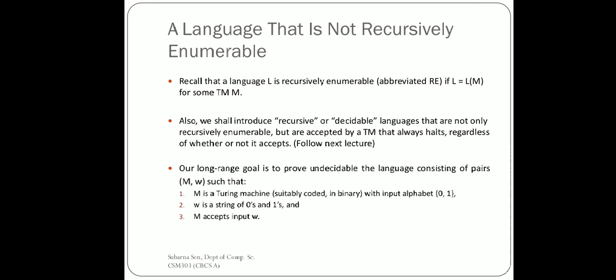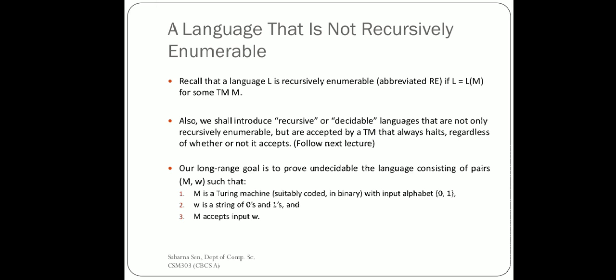We will learn the details in our next lecture. For now just know the terms: languages that are accepted by a Turing machine but that you cannot enumerate are the recursive or decidable class of languages. We will follow this in the next lecture series.